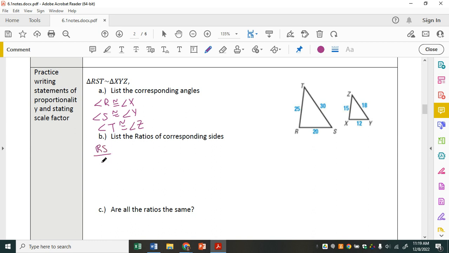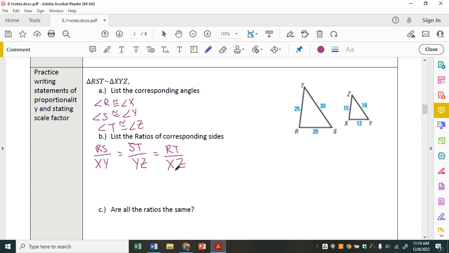So we would say side RS would be corresponding to side XY. Side ST would correspond to side YZ. And side RT would correspond to side XZ. So those are our ratios.